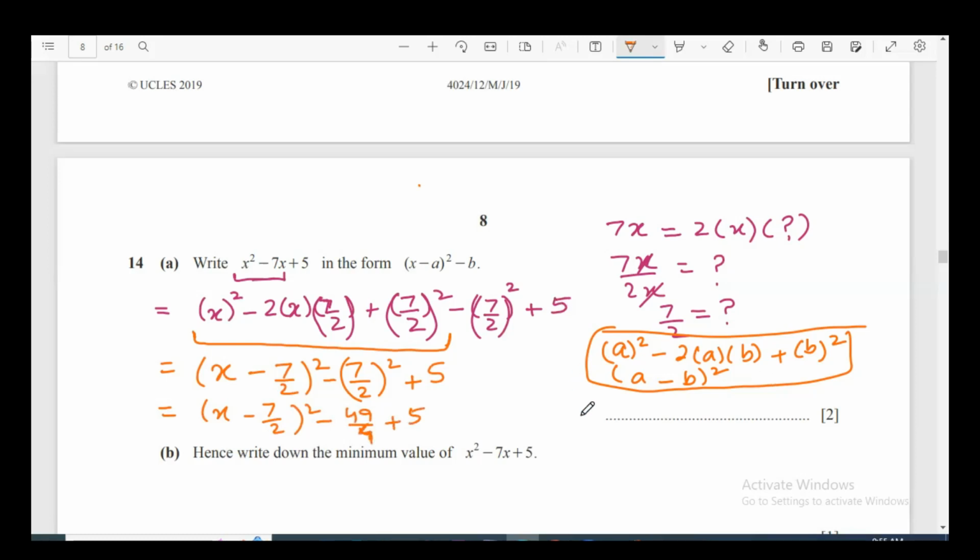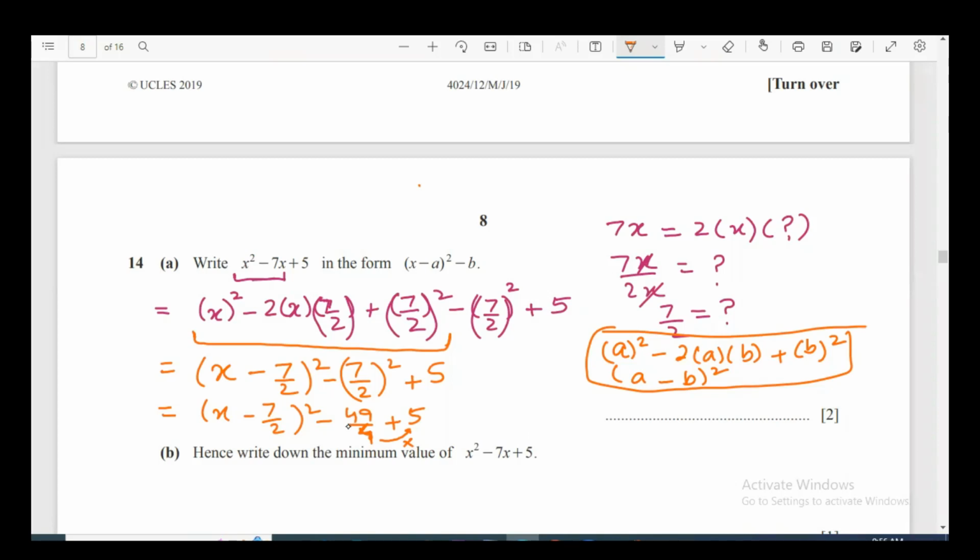Now, by mental math, minus 49 over 4 plus 5, how to simplify this? 4 multiplied by 5 is 20. Plus 20 and minus 49 is minus 29. So minus 29 over 4.